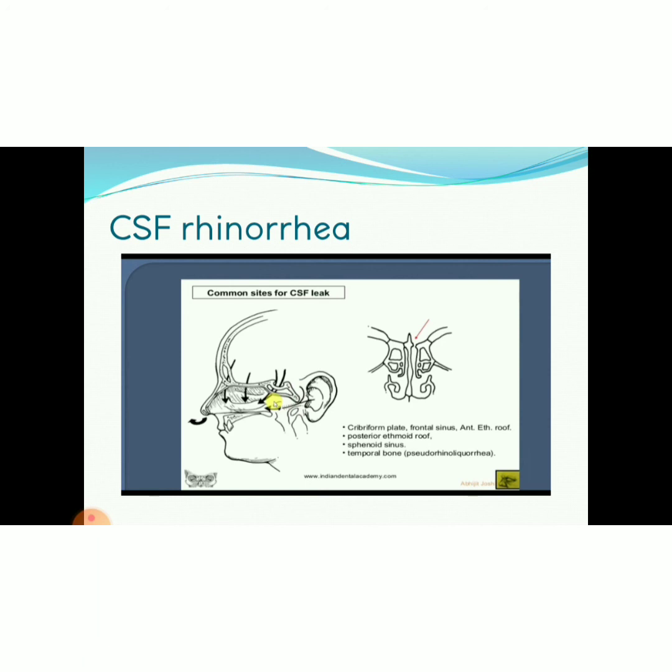CSF rhinorrhea is the leakage of CSF into the nose. It can be a clear fluid, that is just the CSF, or it can be mixed with blood. If it is mixed with blood, it usually is a result of acute head injuries.